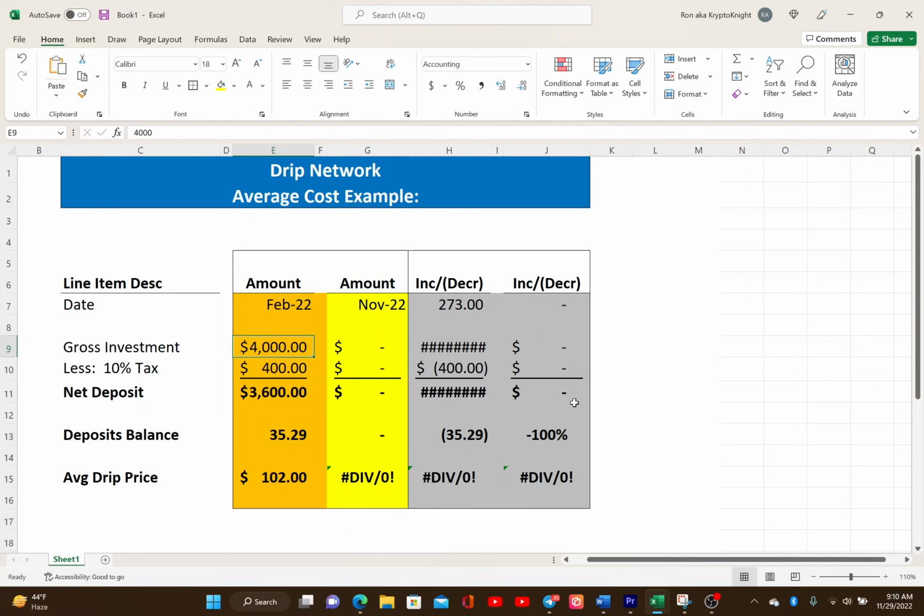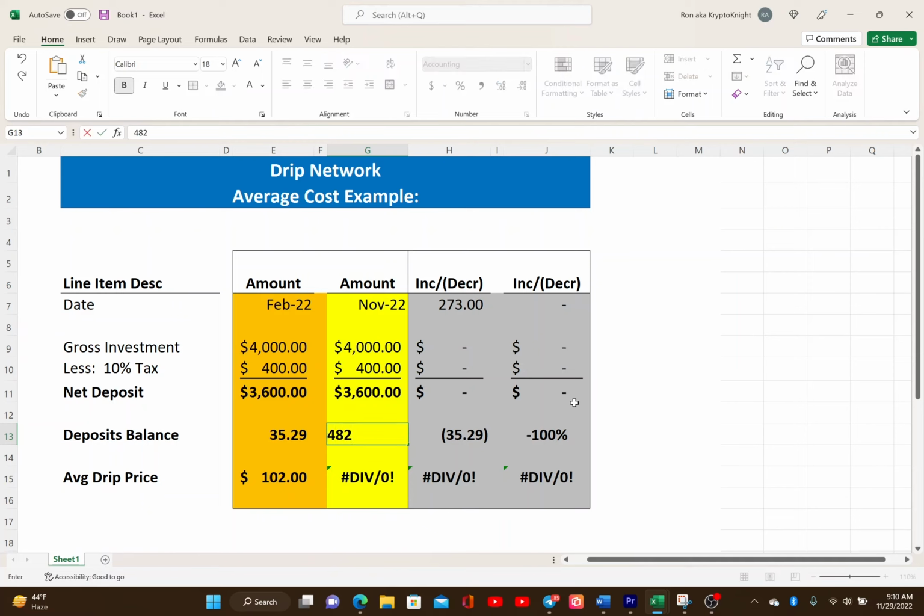So let's update for where they're at today, November 2022. Same investment amount, $4,000. Tax is going to be the same. Here's the big difference. Their new deposit balance is 482 Drip tokens. Do you see what just happened there?